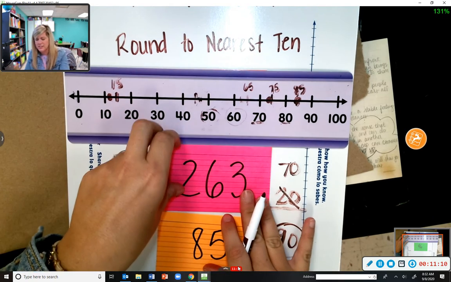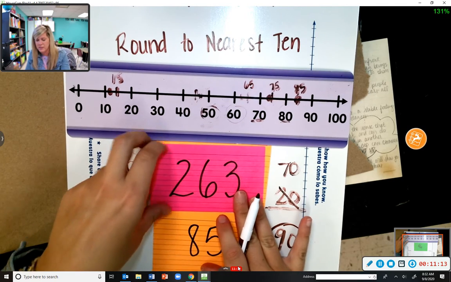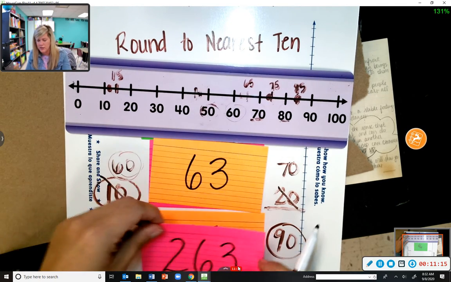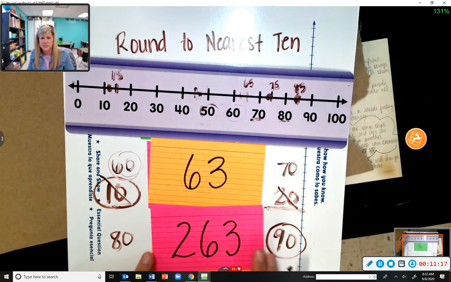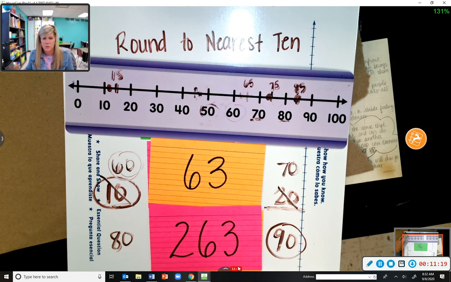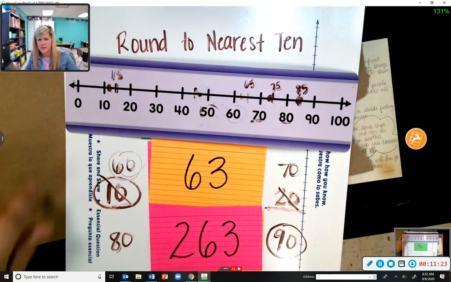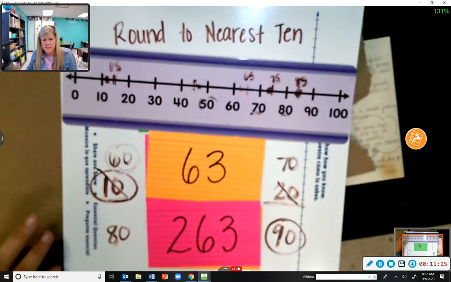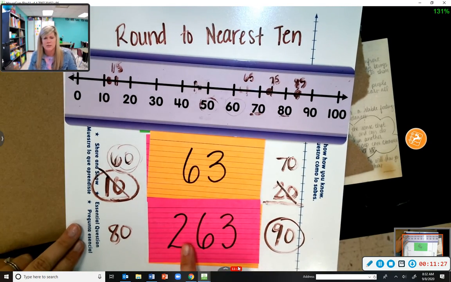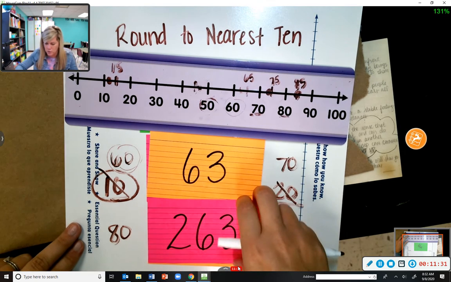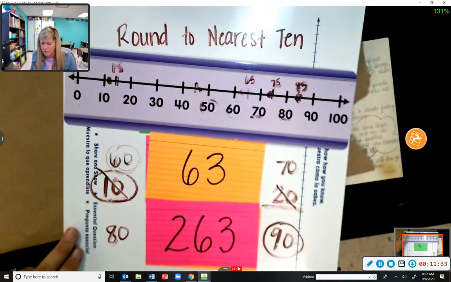Notice this was 63 that we did before, and now I have 263. So I want you to try to round that to the nearest 10. Is it going to change just because I put a 2 in the hundreds place? No. So what would happen then?